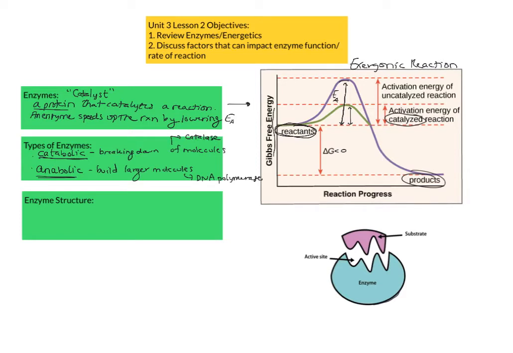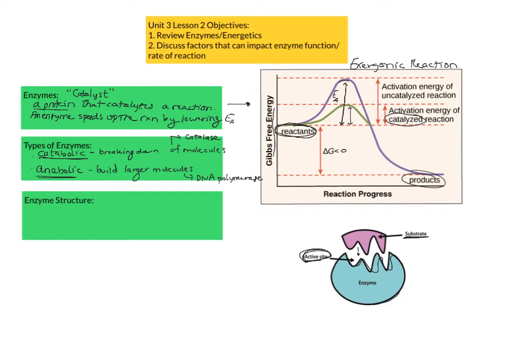Let's talk about structure. There are two major terms when we talk about an enzyme. The first is that on the actual enzyme, we have something called an active site. It's a physical location on the enzyme into which the substrate fits perfectly.